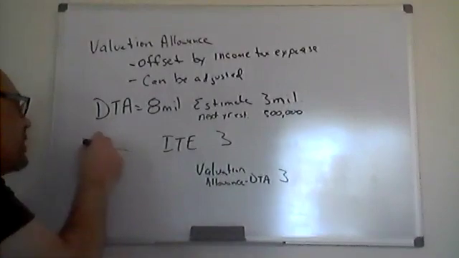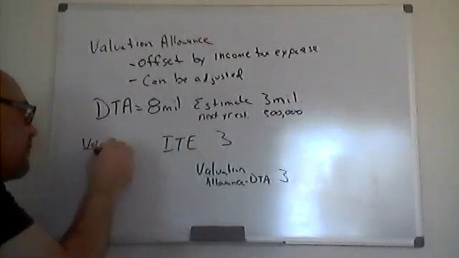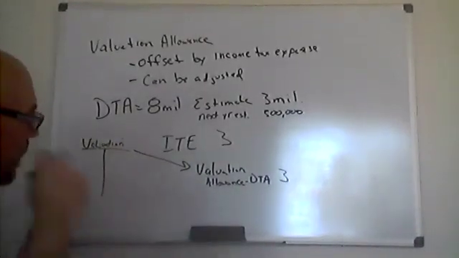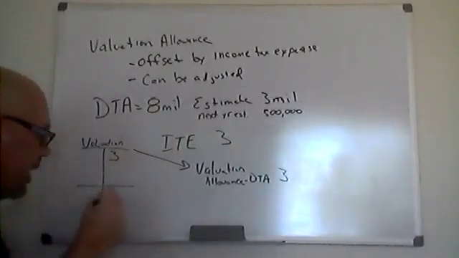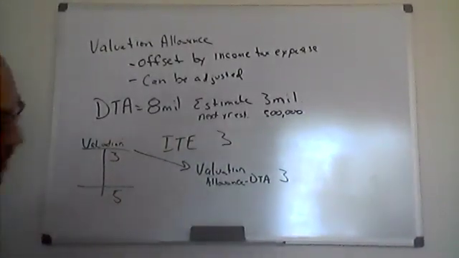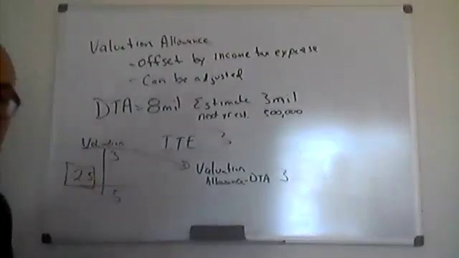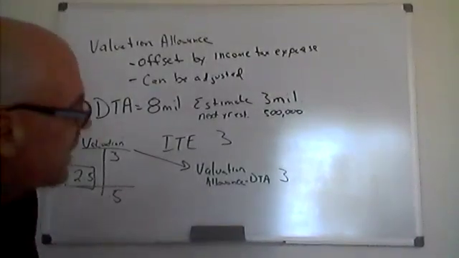We go to our valuation allowance. That account right there is what we're looking at, okay? We've had it at 3. Our next year estimate is 500,000, so that's 0.5 million. We need to make an adjusting entry of 2.5 in order to get that valuation account set right.